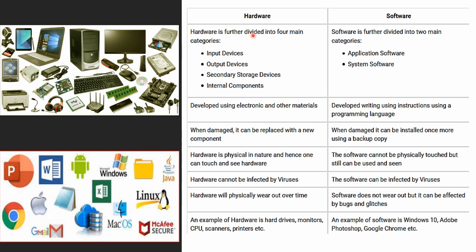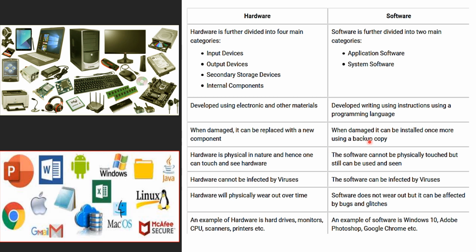Now, hardware is developed using electronic and other materials. When damaged, it can be replaced with a new component. Whereas software is developed using instructions in a programming language.